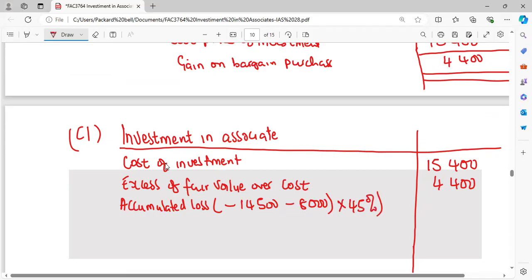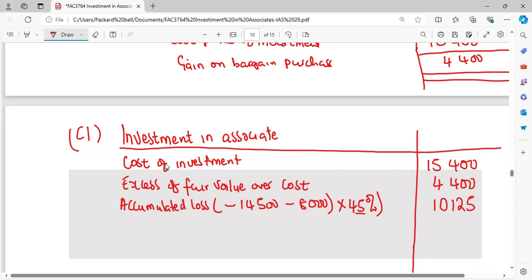So it's going to be how much all in all? I got here 10,125.